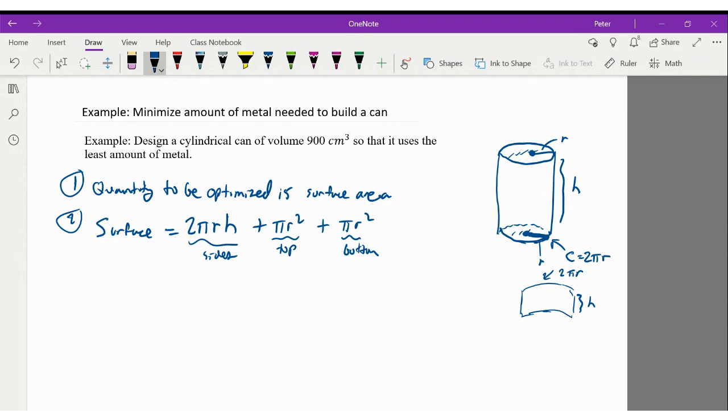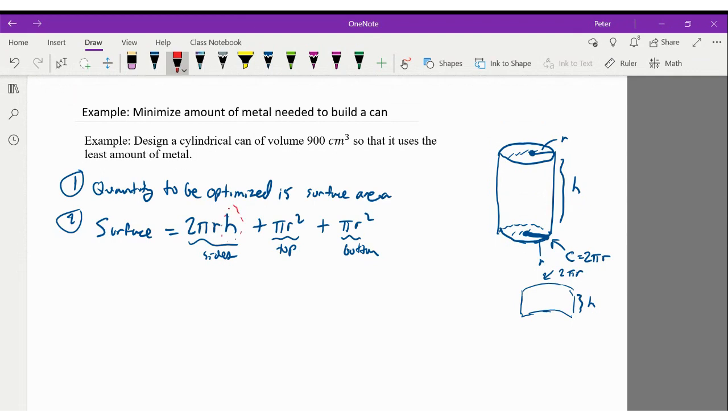What is the problem at this point that prevents me from using this? Correct. It has two variables. So what we want to do is get rid of one variable.